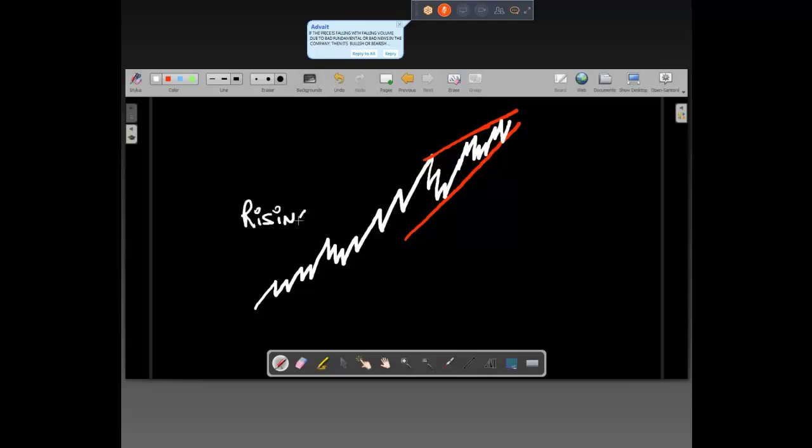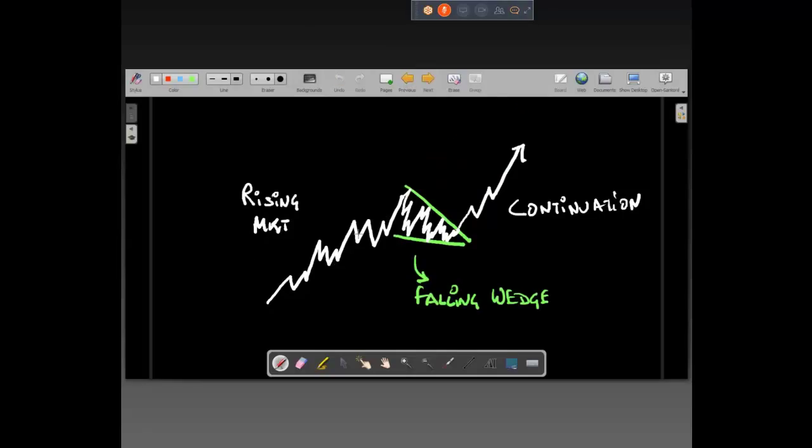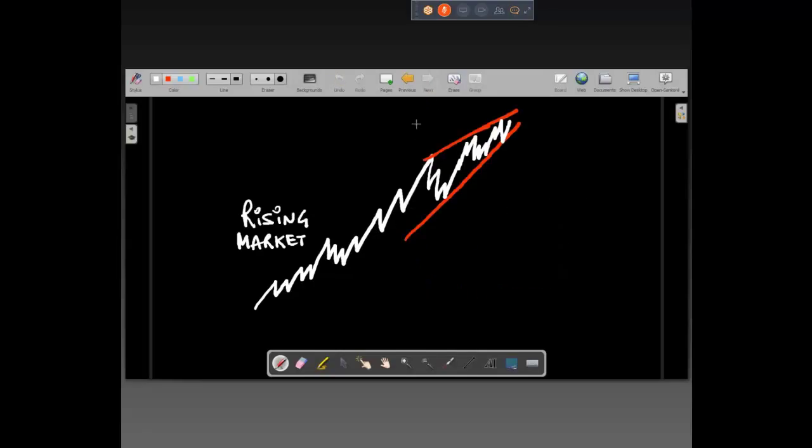We saw some time back that in a rising market, if it's a falling wedge, then it is likely to act as a continuation pattern. But what we have here is a rising market and a rising wedge. So a rising wedge is not supposed to shape up after a rising market, and if it does so, which is the case, then it is likely to act as a reversal pattern.